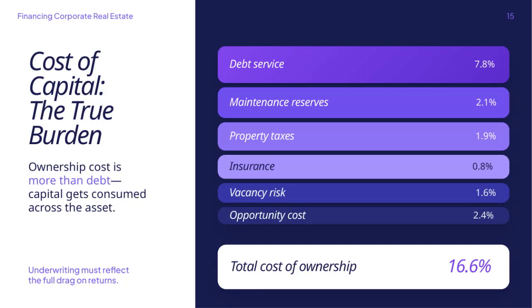When we talk about the cost of capital, it's important to understand that ownership costs actually exceed the cost of debt. This means that capital is being consumed across the entire asset, not just through debt payments. So, when underwriting, we must take into account the full drag on returns, not just the debt service.